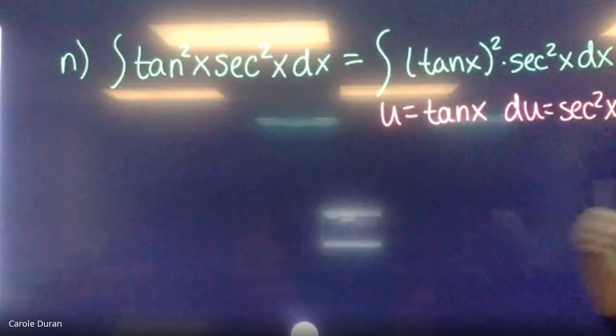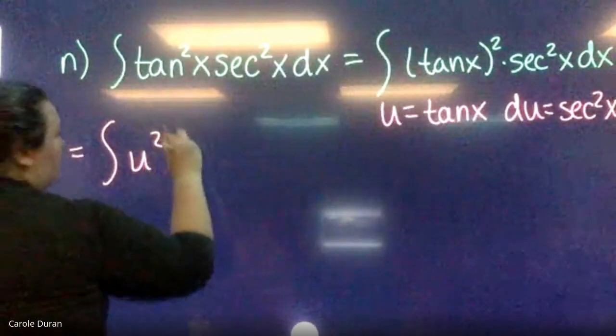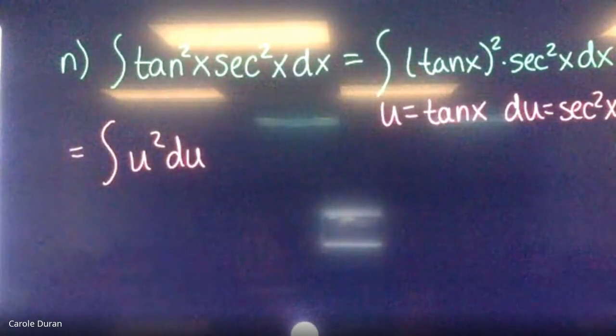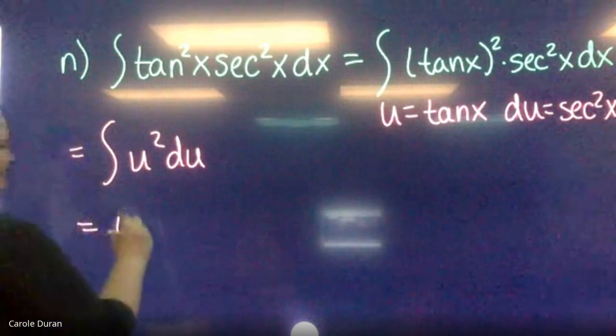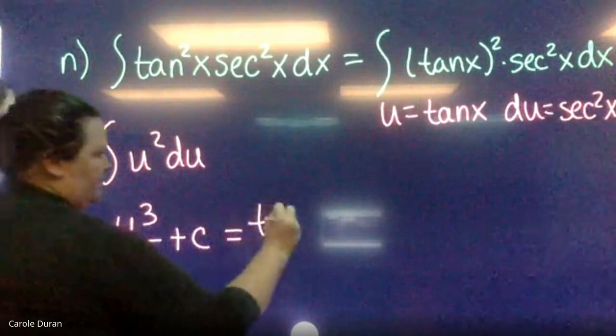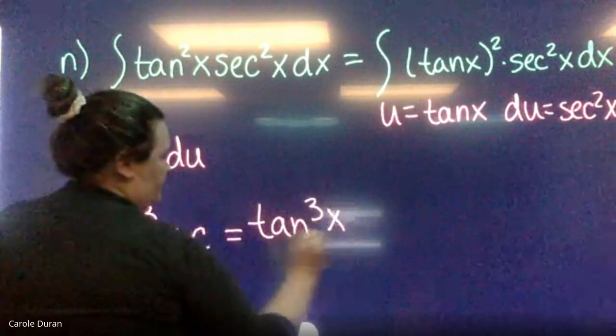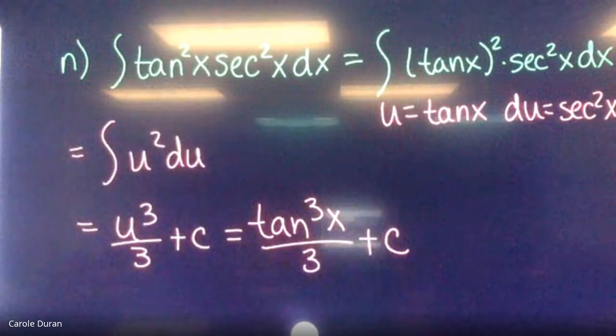So when I replace my u's by du's, this becomes the integral of u squared du, and I can take the antiderivative of that. And then my antiderivative turns out to be tangent cubed x over 3 plus c, after all is said and done.